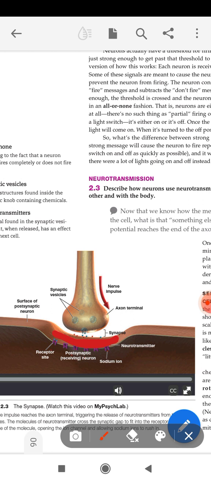Neurotransmitters are released, and some of them fit into this receptor site. You can understand it as specialized holes of a special size, in which only a special kind of neurotransmitter will fit.